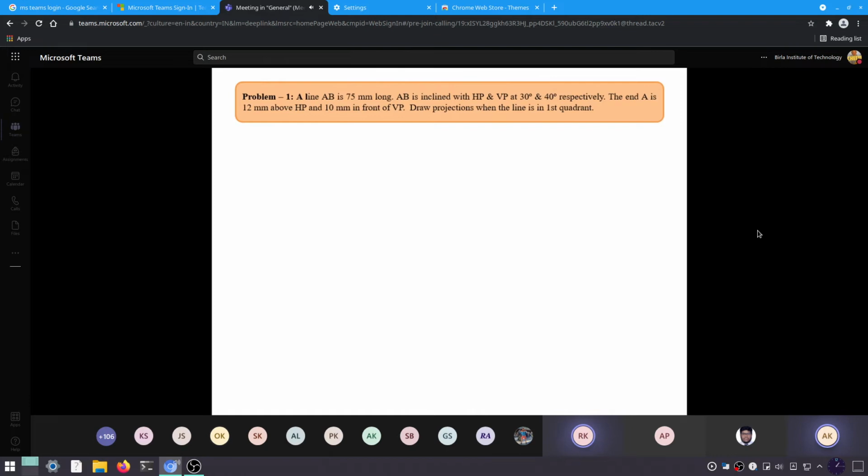Let's see an example over here. You just read this problem and try to understand what the problem says. Here we have a line of length 75 mm, right? And the line is inclined to HP and VP at 30 and 40 degrees respectively.